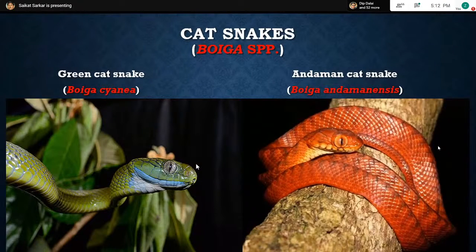These bigger cat snakes can be a cause of serious trouble. And you can see their eyes have vertical slits. That means they are all nocturnal specimens.